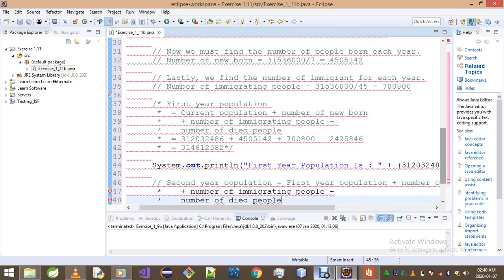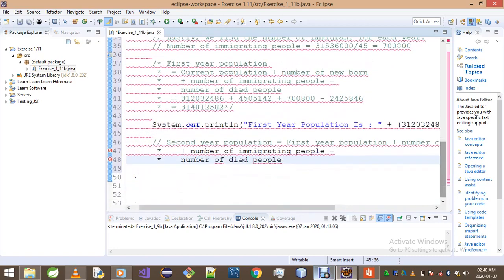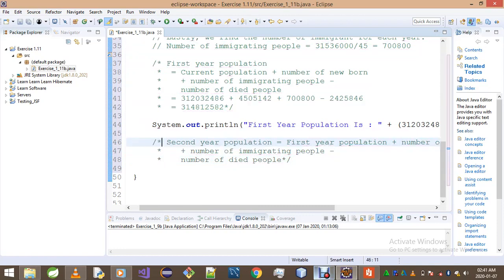Oops, I should have made this a multi-line comment. Okay, this is how it works.